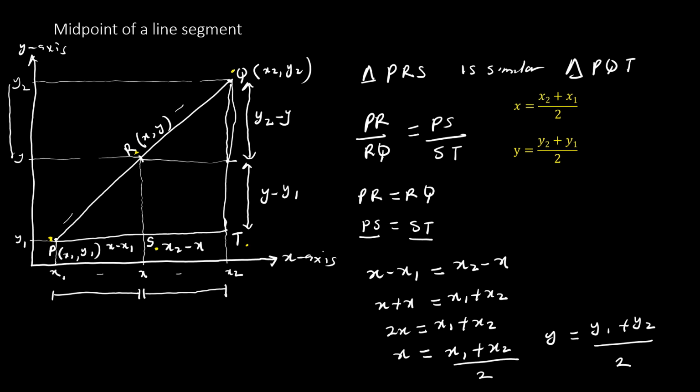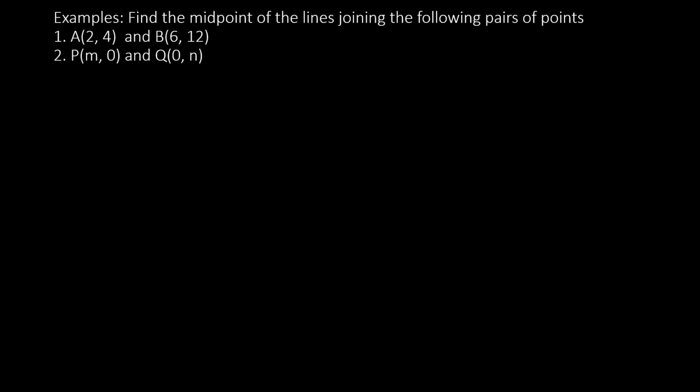Let's look at some examples. The question states, find the midpoint of the line joining the following pairs of points. In this question, we are going to find the coordinates of the midpoints. The first part, we have point A with coordinates 2, 4, and point B with coordinates 6, 12.